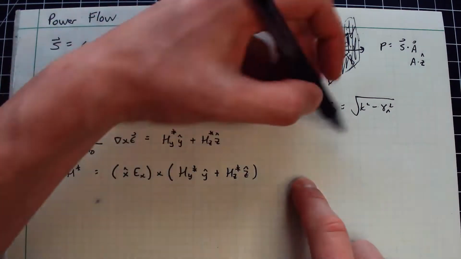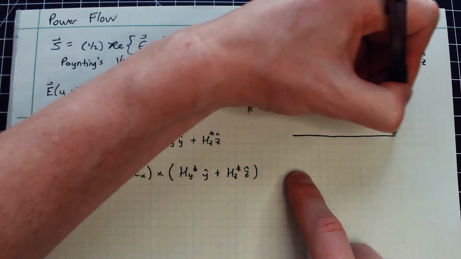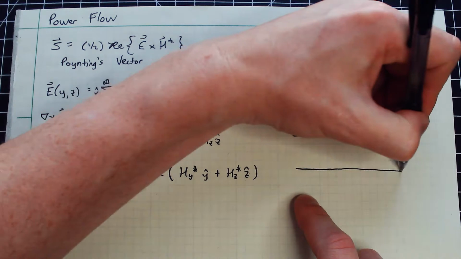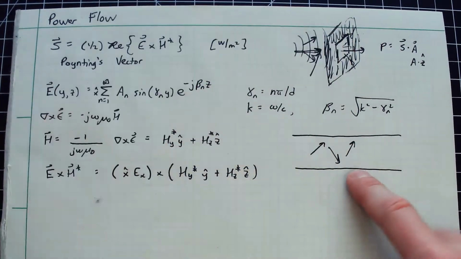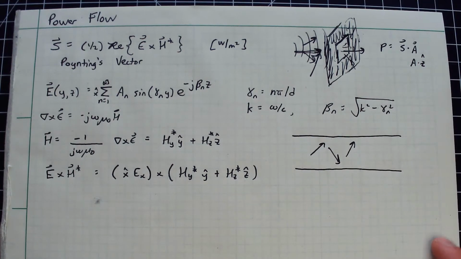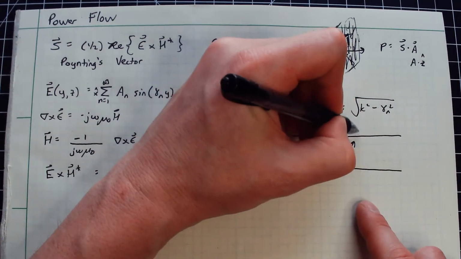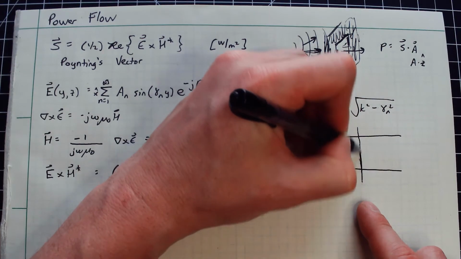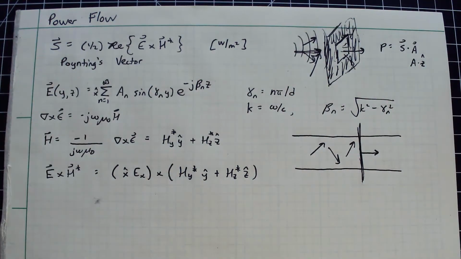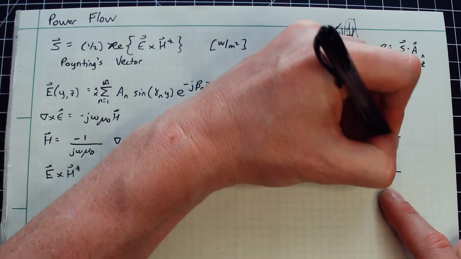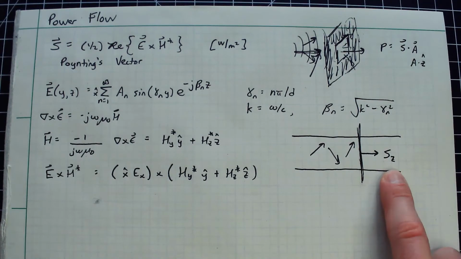Now, consider a waveguide. I don't really care if there's energy bouncing up and down in my waveguide modes. What I care about is, here's some little aperture in my waveguide, and I only care about the net flow of power in that direction. So I only care about the z component of my Poynting vector.